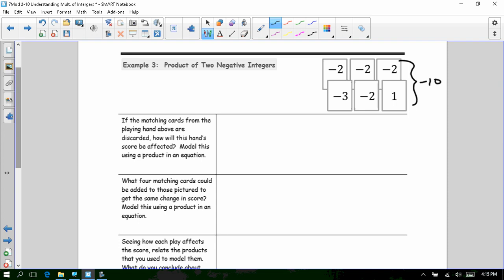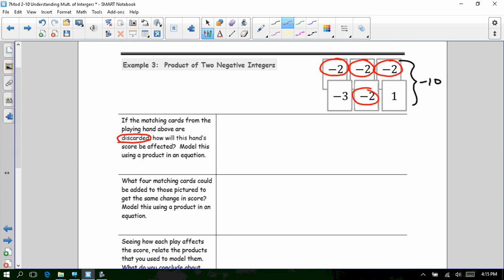All right. If the matching cards from the plain hand above are discarded, we're going to remove them. How will this hand score be affected? I'm going to remove all the matching ones. I'm going to remove all the ones that match. All of those are the matching ones.